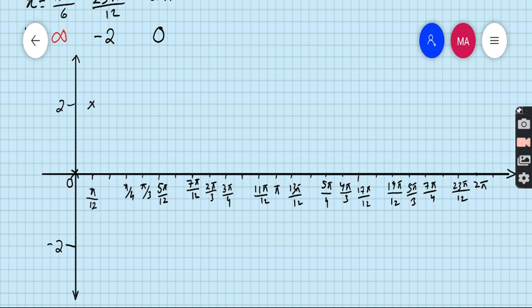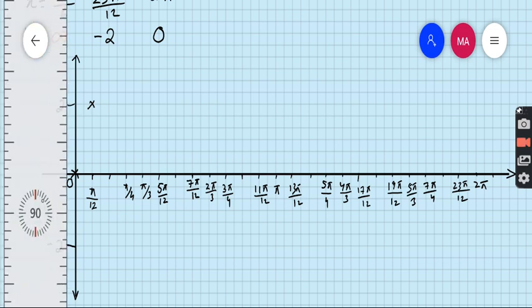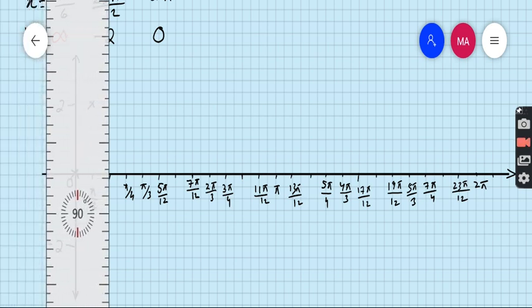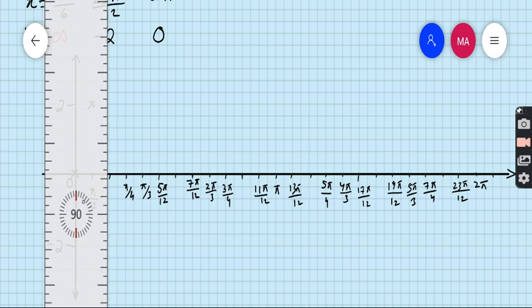So we have to draw a red line which shows the asymptotes. This line should pass through pi by 6, because pi by 6 is an asymptote.